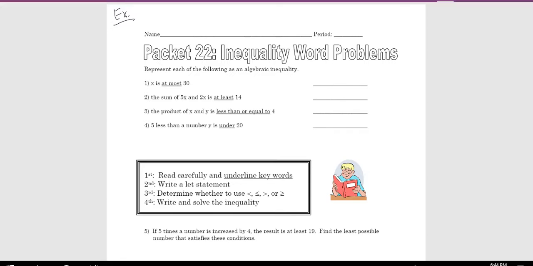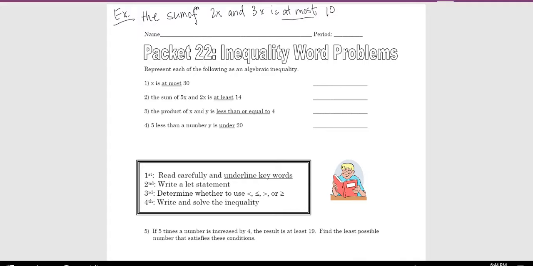So for example, if they say something like, the sum of 2x and 3x is at most 10.